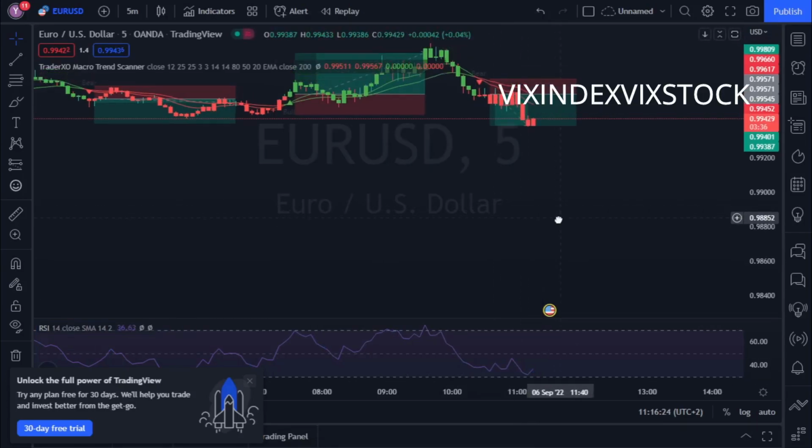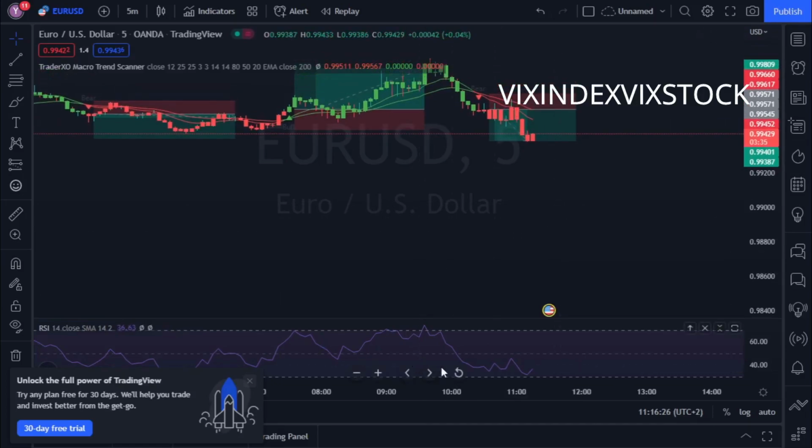So you can also use RSI. If the RSI is below our middle line, we are looking for sells. If it breaks through this bottom line, we are also looking for sells. If the RSI is above our middle line there, it's probably not a good idea to be looking for sells in that scenario.